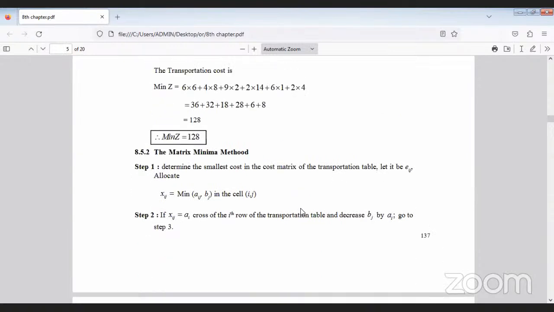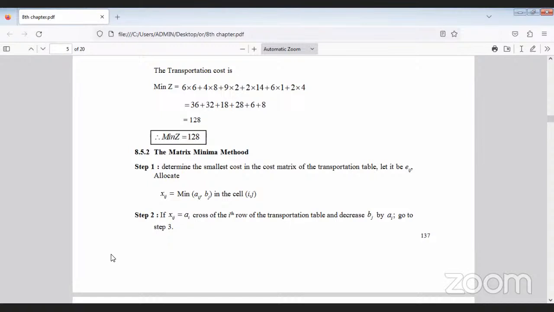I will ask again and explain again. The matrix minimum method: determine the smallest cost in the matrix of the transportation table, let it be cij. Allocate xij equal to the minimum of ai, bj in the cell ij.